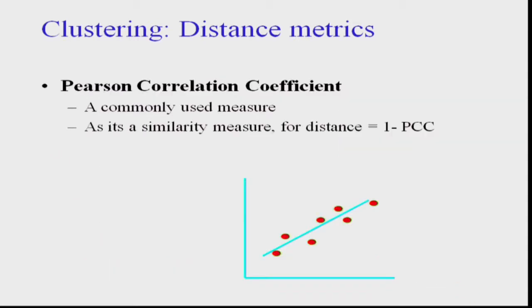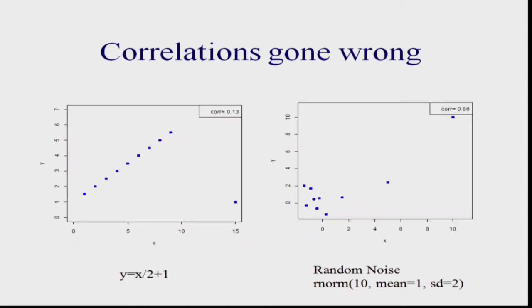Pearson correlation, you're literally trying to fit a line through your points. If they're completely correlated, it'll be 1 or -1. If there's no correlation, it'll be 0. Be careful of correlation coefficients. Sometimes if you have one point, particularly if it's a larger number, it can completely throw a correlation coefficient.